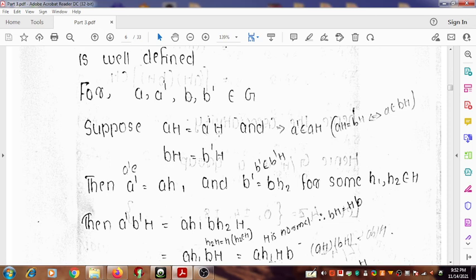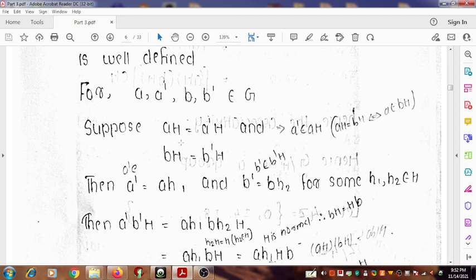But in the current situation, if H equals a prime H, then we know that a prime is an element of H and vice versa. Earlier, in our previous discussions, we have established that.